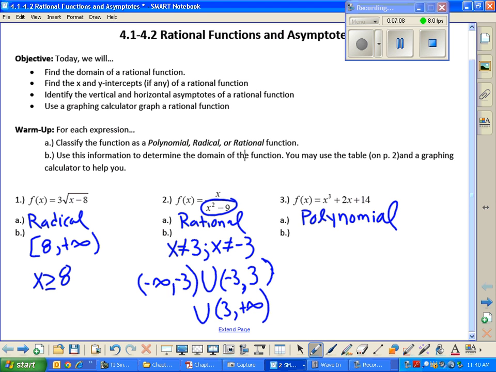The domain for all polynomials is always the same, Brooke. I could put any number I want in for x, and I will get a y value back out. So the function is defined everywhere. So how do we say that? Yeah, great. There you go. All right, questions about that?